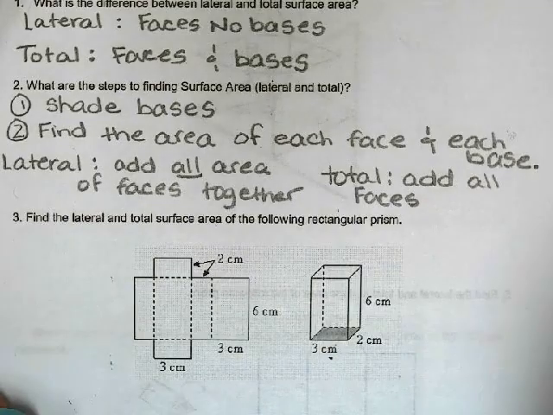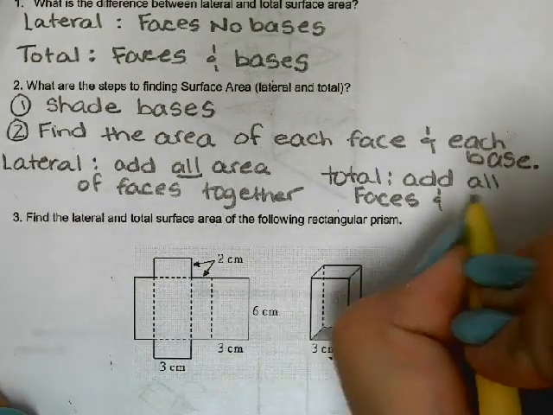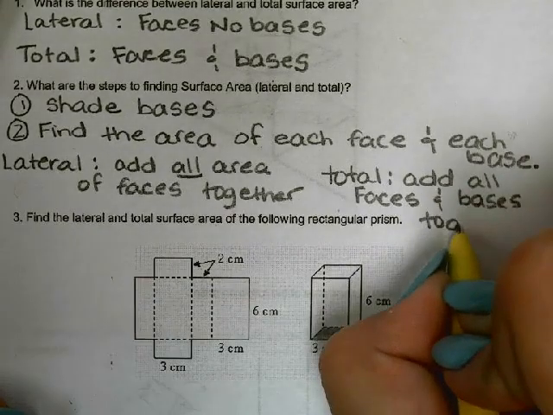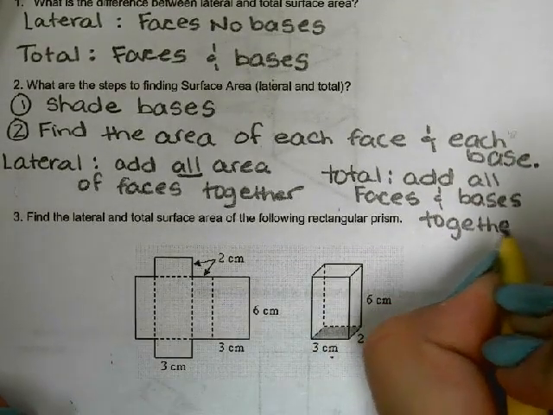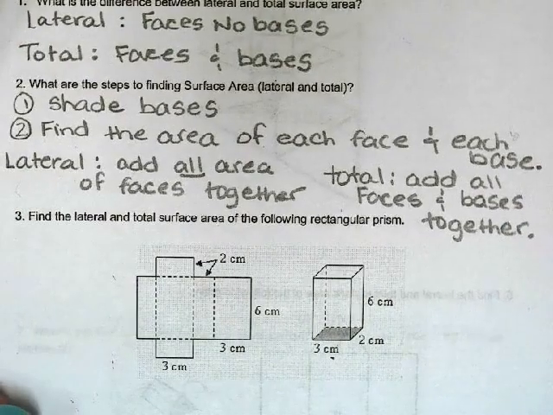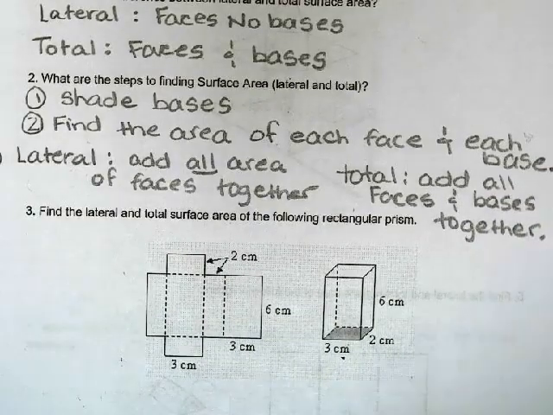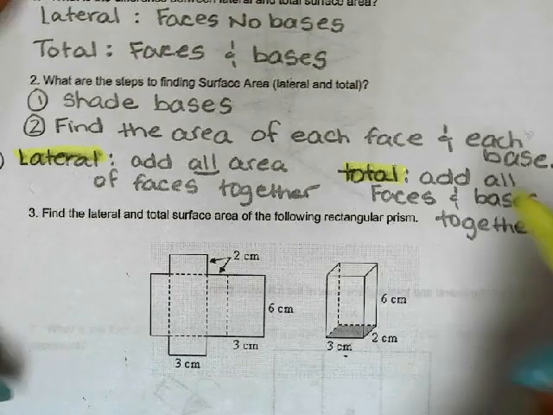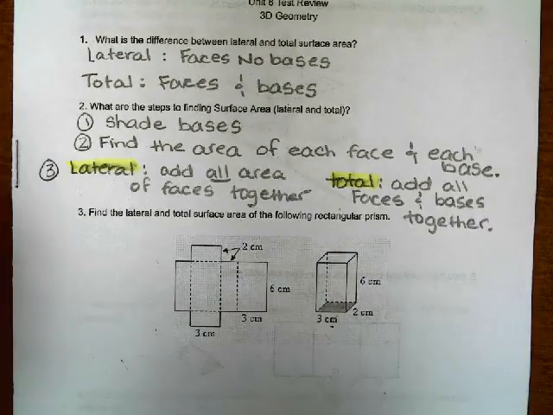So everything together. Know the difference. Lateral is just your faces and total is everything, faces and bases.